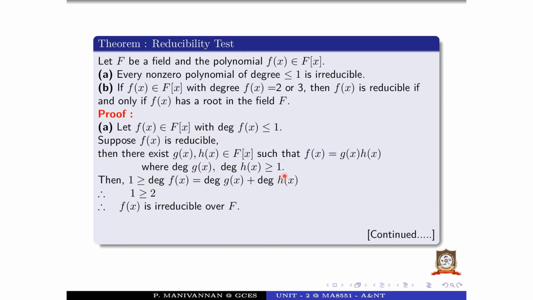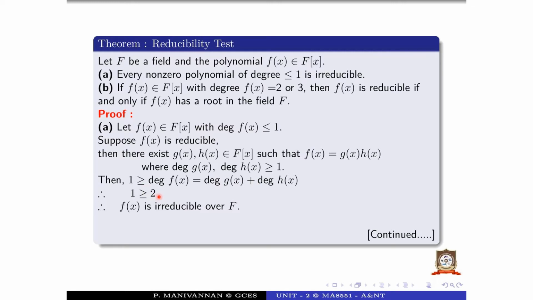Here, the degree of f(x) is less than or equal to 1. Therefore, 1 is greater than or equal to the degree of f(x). We know that the degree of f(x) is equal to, from the multiplication concept, the degree of g(x) plus the degree of h(x). The degrees of g(x) and h(x) are greater than or equal to 1, so the minimum value is 2.